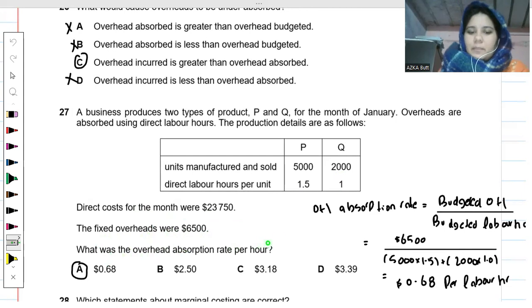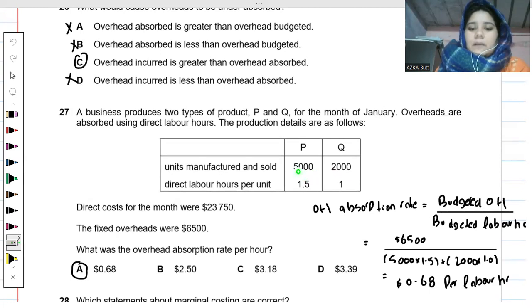So it is very simple. We have to apply the overhead absorption rate formula. The formula is basically budgeted overheads divided by budgeted labor hours, because we have only one base here, which is the direct labor. In some questions, the examiner would give you the direct labor hours per unit or maybe the machine hours per unit.